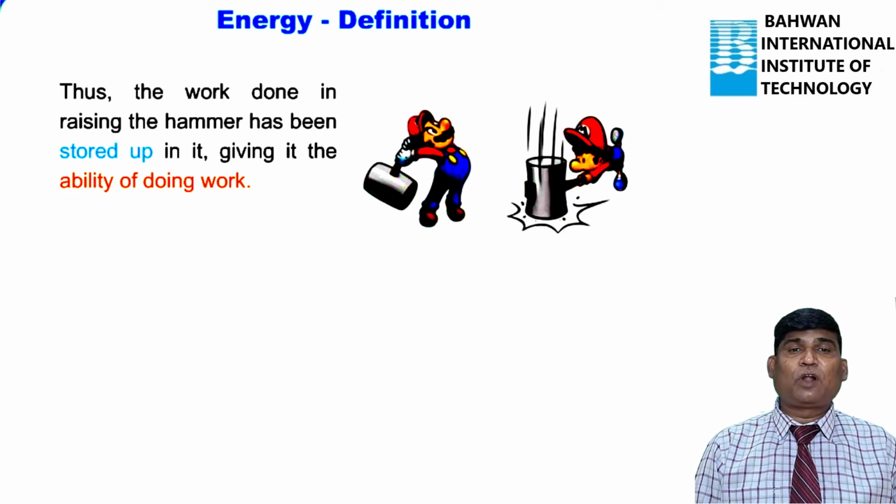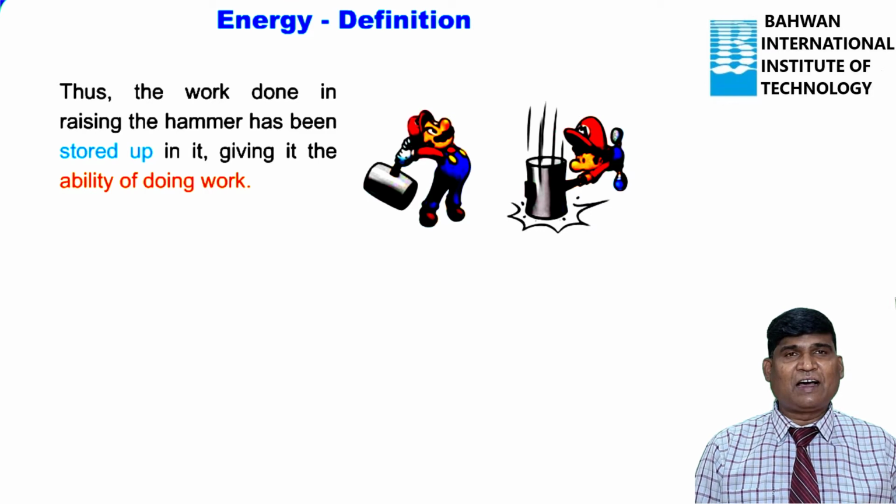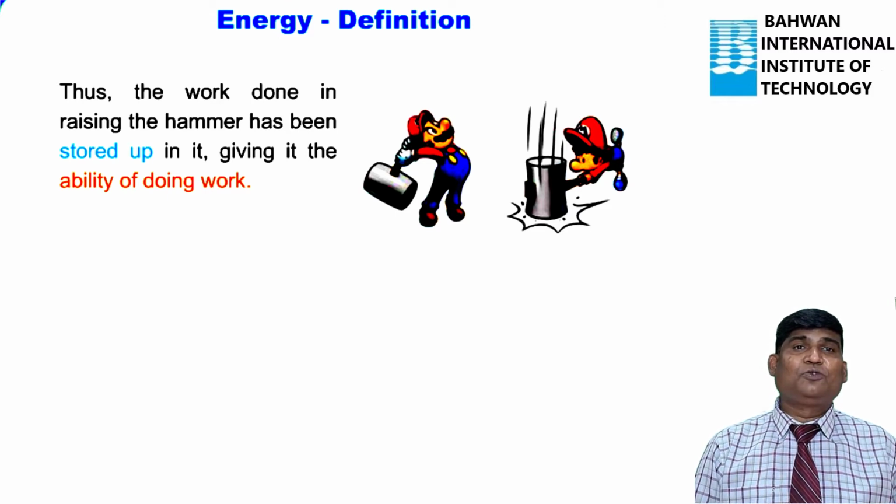The important point we need to observe is that the work done in raising the hammer has been stored up in that hammer itself, and because of that, the hammer got the ability to do work. Listen carefully. When the stone cutter raised the hammer, whatever work he did is stored up in the same hammer as energy, and now that is making it break the stone.